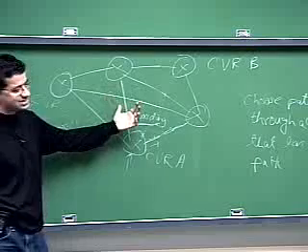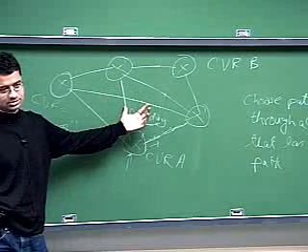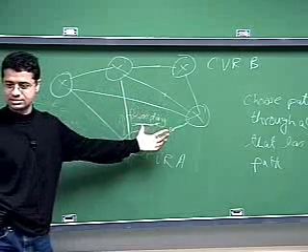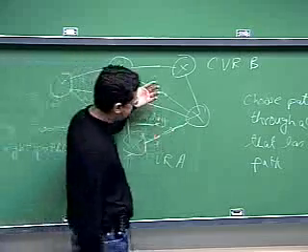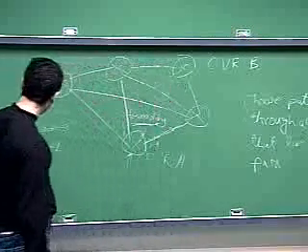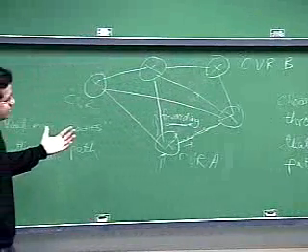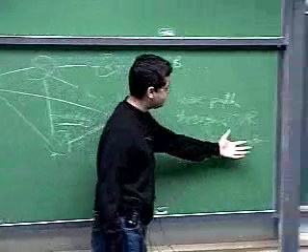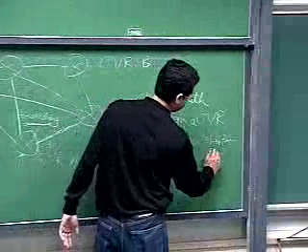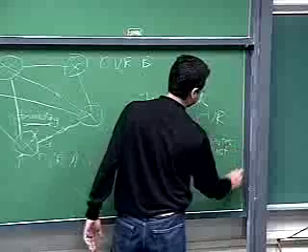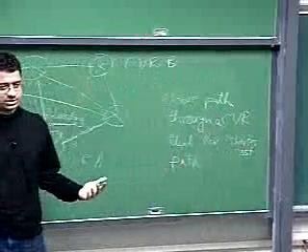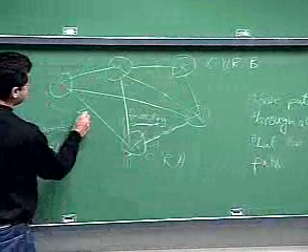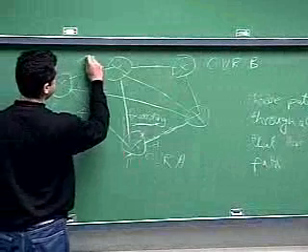So what you can do is you can assign costs to different links. And what your routing algorithm would then do is choose the shortest cost path to your destination. So your different links might have different costs, 3, 7.